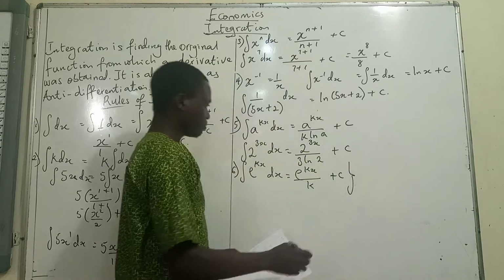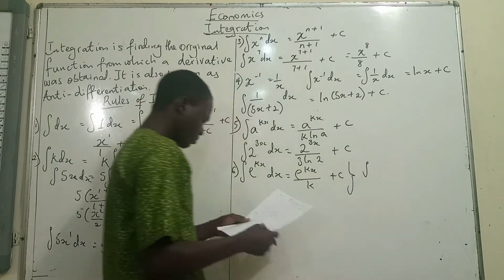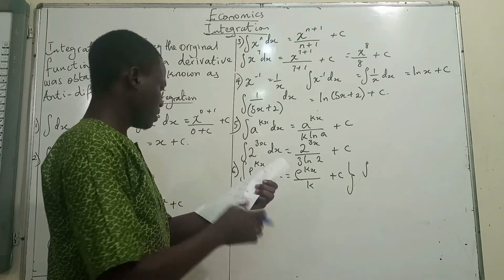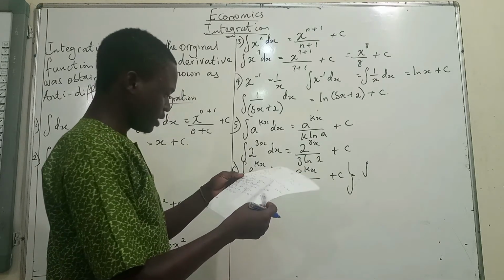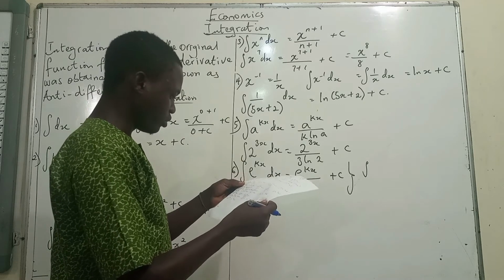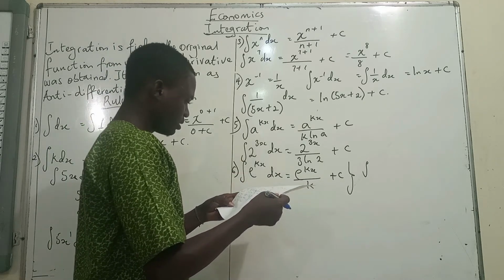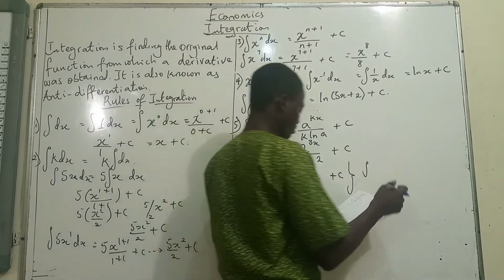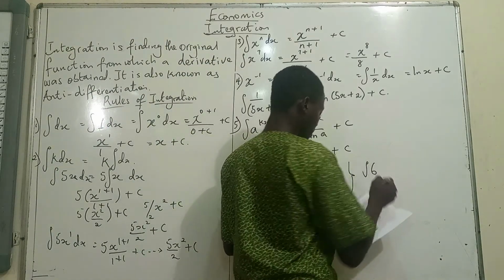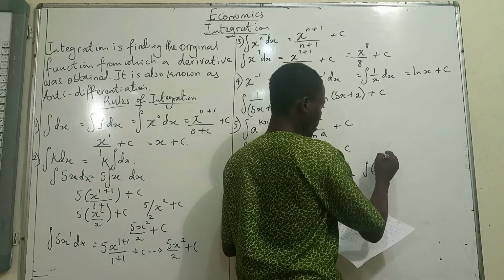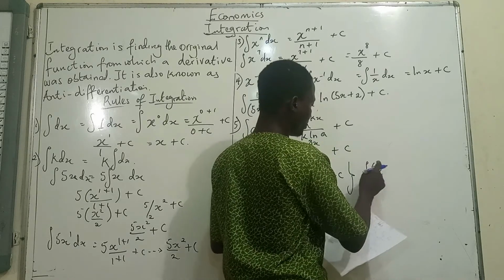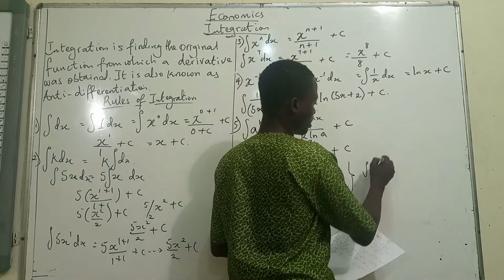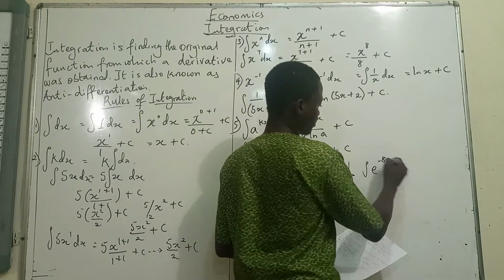Now to save up space, let me give an example. Where is this guy? Trying to look for this guy. Okay, if I don't get him, then I'll just have to formulate a question on my own. Let's say we have the integral of e raised to the power minus 8x, for example.